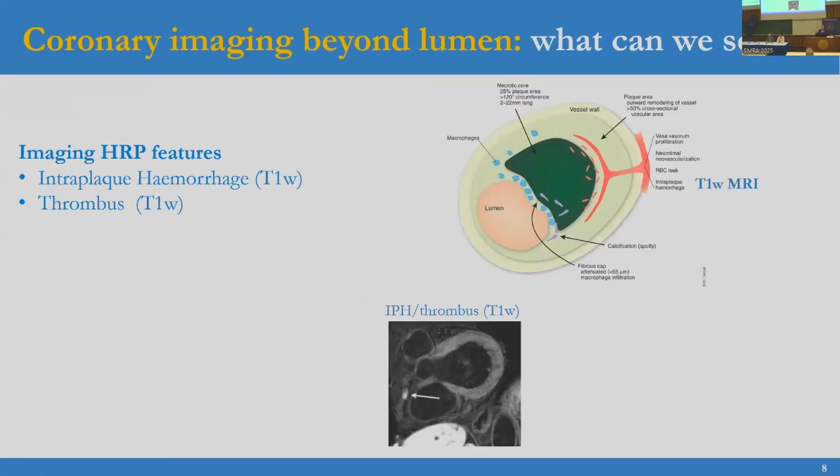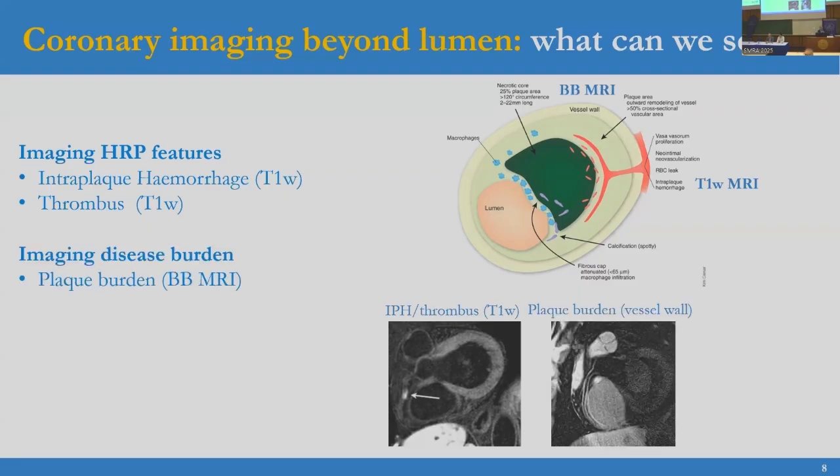Now, what can we see on a coronary scan? If we run a sequence where we get bright and black blood images, we can see intraplaque hemorrhage and thrombus, which are high-risk plaque features. Obviously, we can also image the vessel wall itself with black blood MRI.